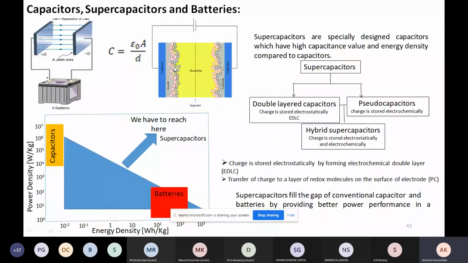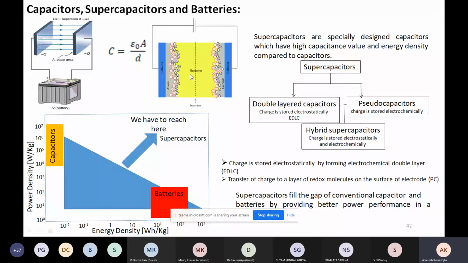And here you see, the supercapacitor basically looks like a capacitor, but its capacitance value and energy density are very high compared to the normal capacitor. Why is it so? If you have two electrodes connected to the battery poles and you put an electrolyte in the space, what will happen?